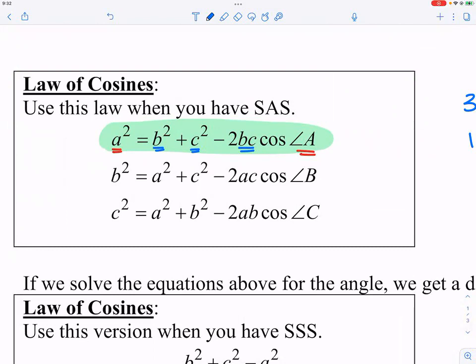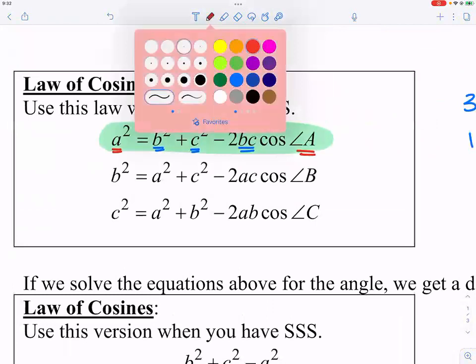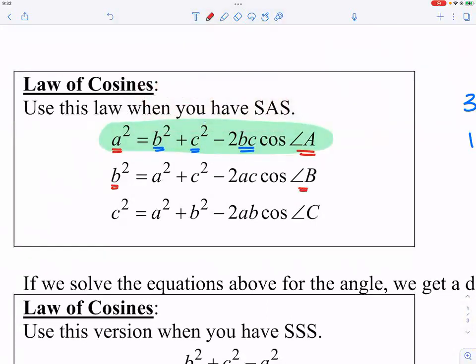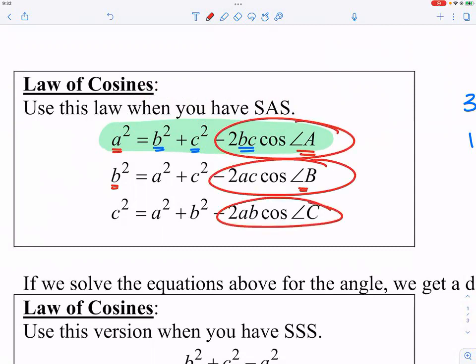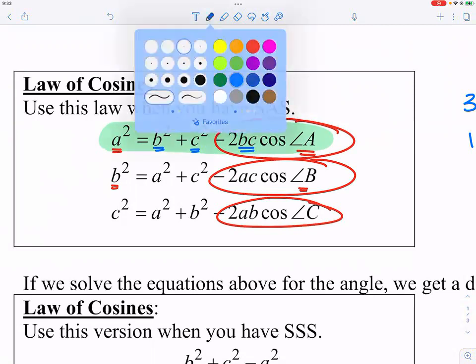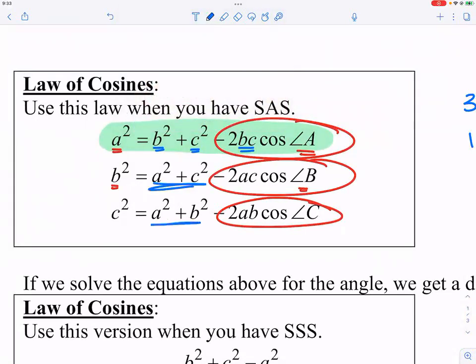If it's b squared on the left, then it becomes cosine B. For the last item, all three letters are different. The two letters following the number 2 will be the ones that we're multiplying together, AC, AB. That's the pattern that you will see here.